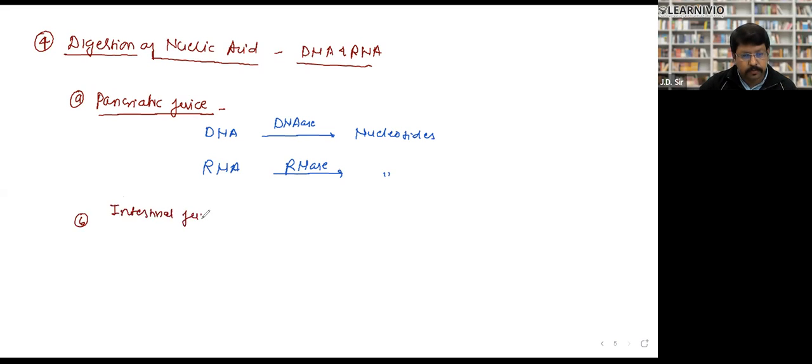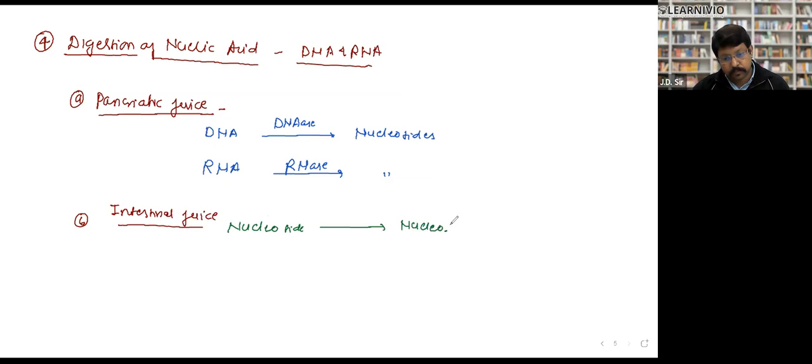Intestinal juice breaks down nucleotide into nucleoside and phosphate with the help of enzyme nucleosidase.